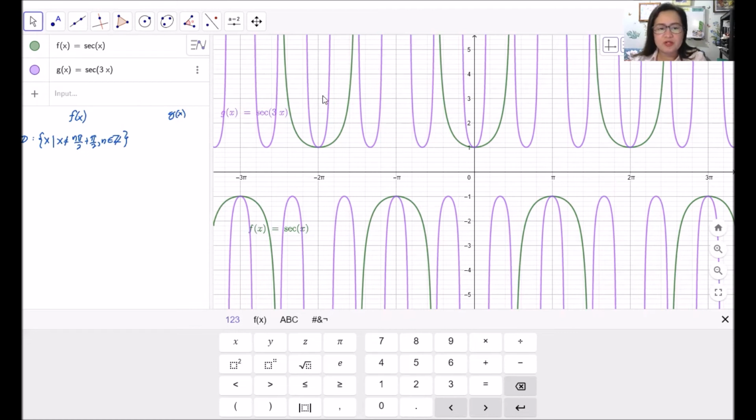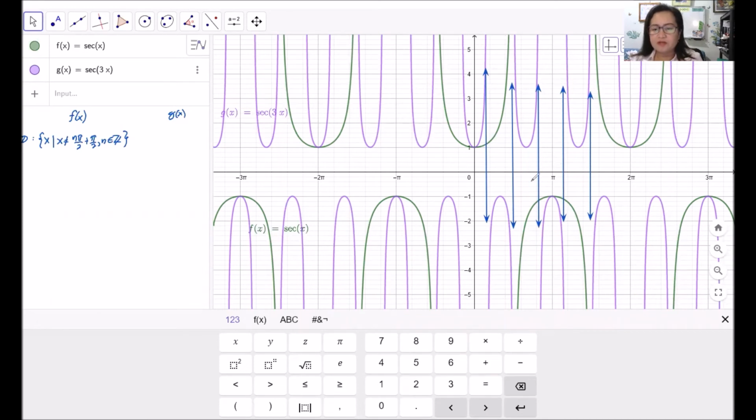Okay, remember that these are divided equally. So then we have another asymptote here. Okay, then we have here. Okay, and so on and so forth. So let's identify or determine the points here. Okay, so as you can see, we have 0 to pi.